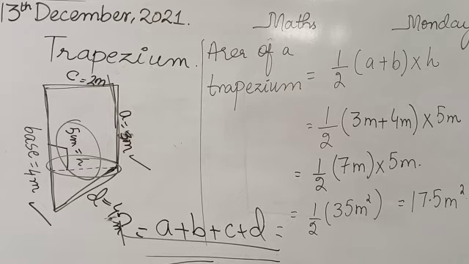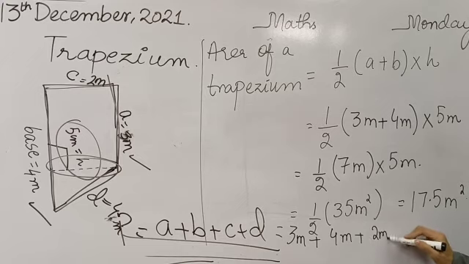You can give any name to all these sides. Here A is 3 meter plus B is 4 meter plus C is 2 meter plus D is 4 meter. And your perimeter is 13 meter.